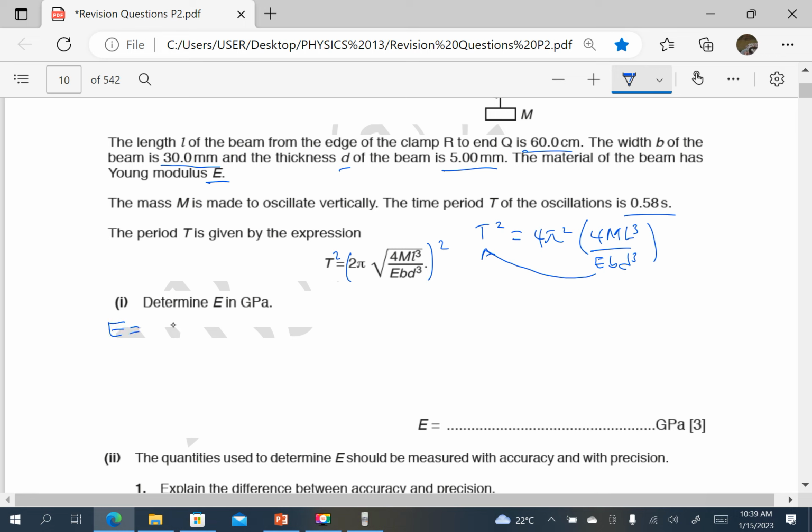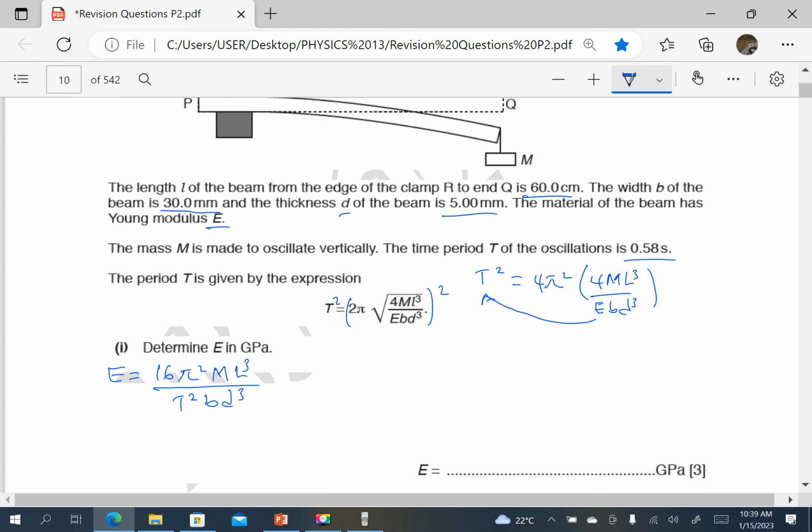So E is going to be equal to 4 times 4, I think that is going to be 16. So that is 16 pi squared times m times L cubed divided by, in the denominator I have T squared times B times D cubed.